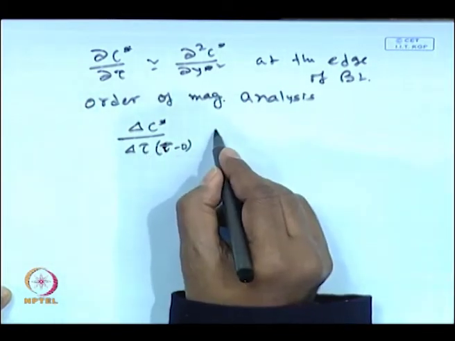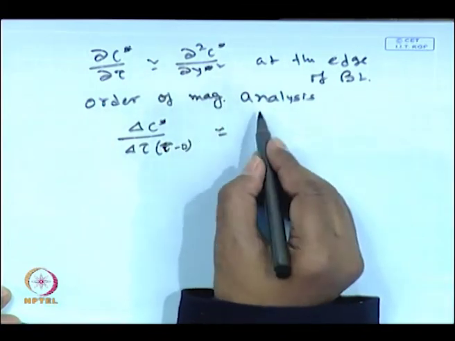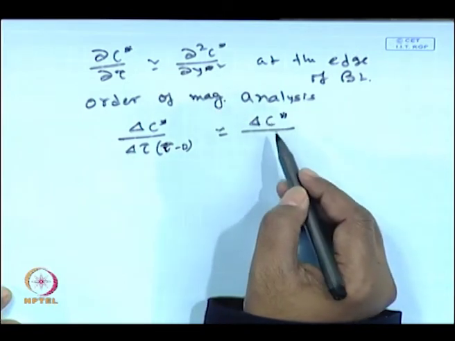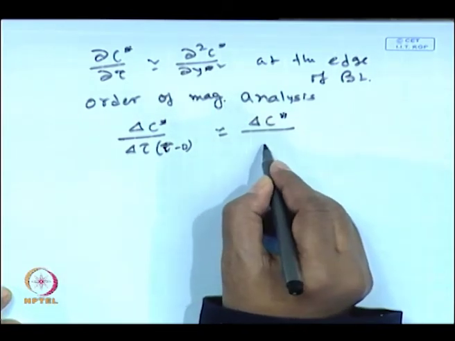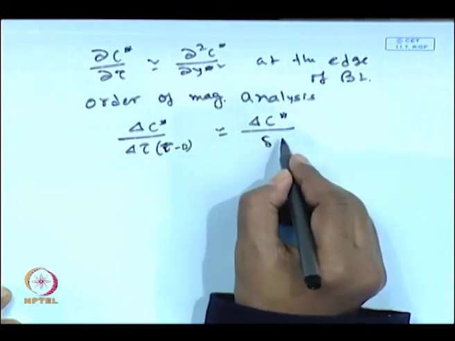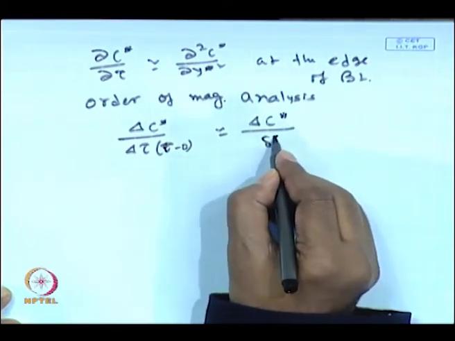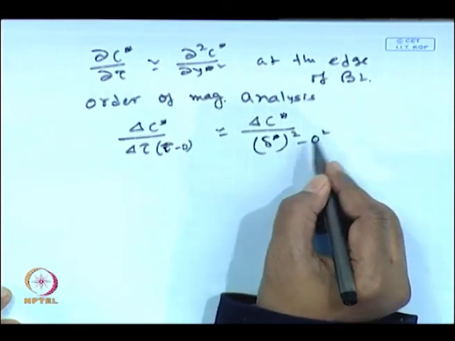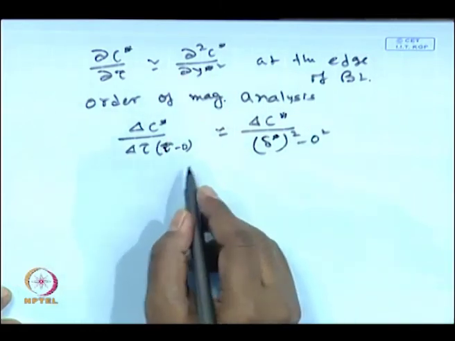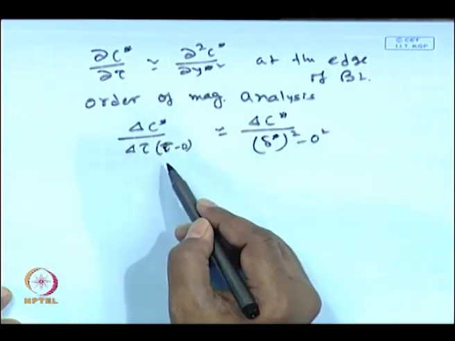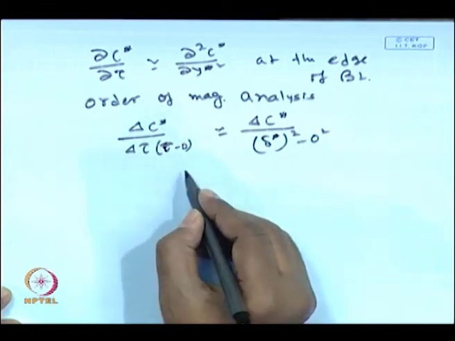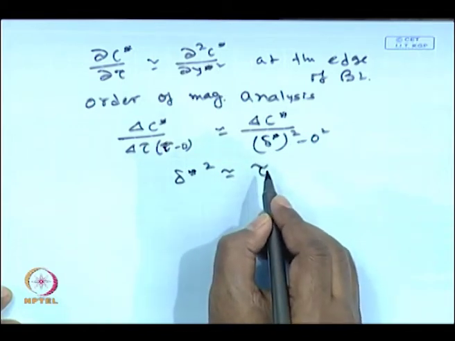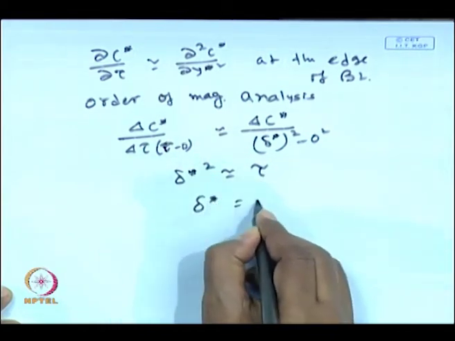Delta square C star is again some change in concentration, delta C star, and delta y star square will be delta star minus 0 squared. So delta C star will cancel, delta tau will be replaced by tau, and you will land up with delta star square equal to tau. Delta star will be nothing but root over tau.